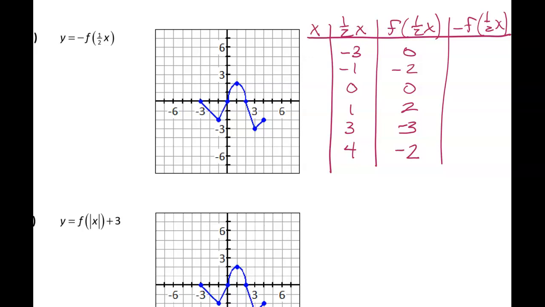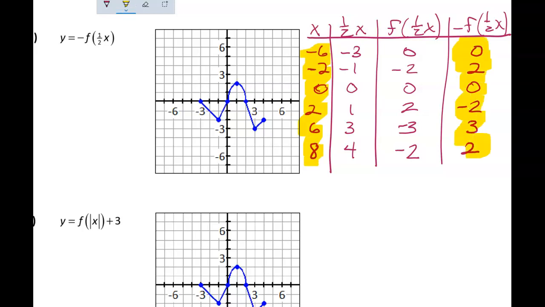To go from 1/2 x to x, we'll double or multiply by 2. Sorry for the lousy handwriting there. So we are doubling, and then to go from f of 1/2 x to the opposite of f of 1/2 x, we're just going to take the opposite or multiply by -1.